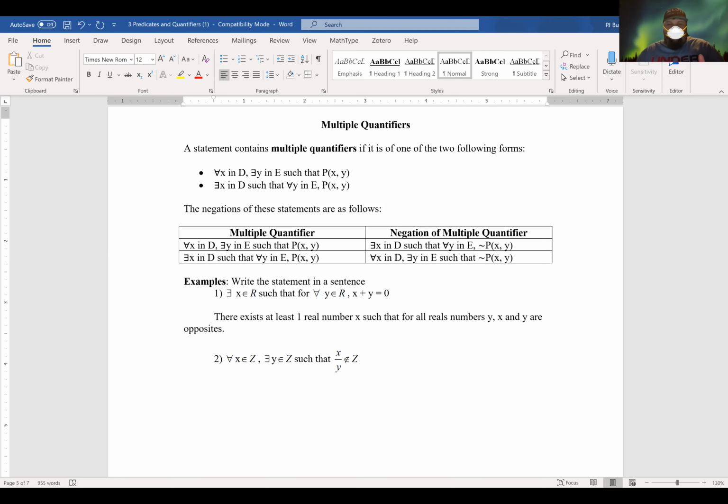If you add x and y and they return 0, that means that one has to be positive, one has to be negative. So that's another way you can say it.